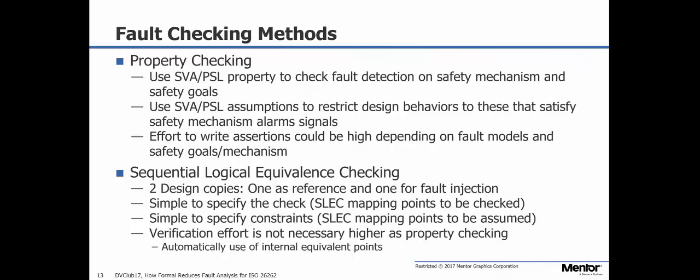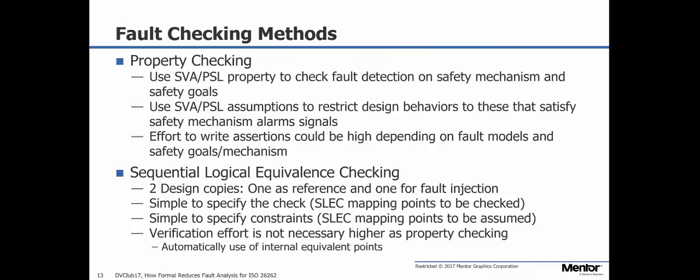The assertions you want to write to check the safety goals are simply a list of mapping points. Also, if you have a safety mechanism and you want to restrict the behavior or the paths of interest to those that are corrected by the safety mechanism, this is also very simple to address using a simple list of mapping points.